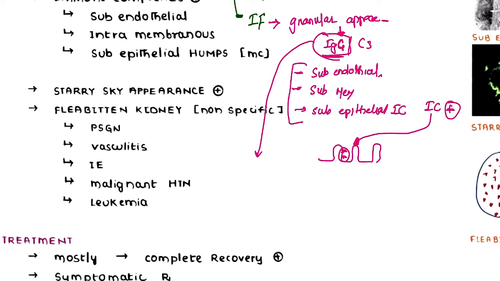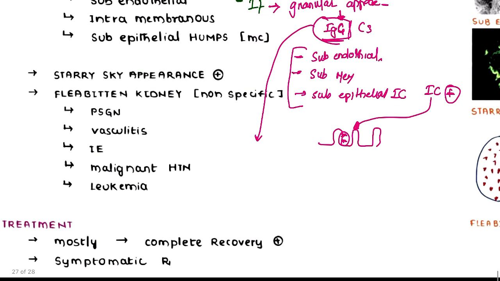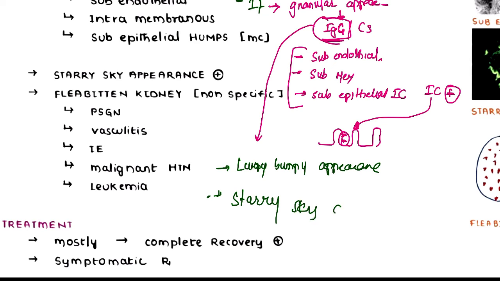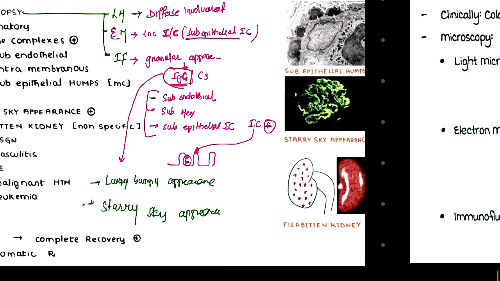Another thing I would like to mention is that the granular appearance is given the name lumpy bumpy appearance. It is also called starry sky appearance. As you can see right here, this is our starry sky appearance.